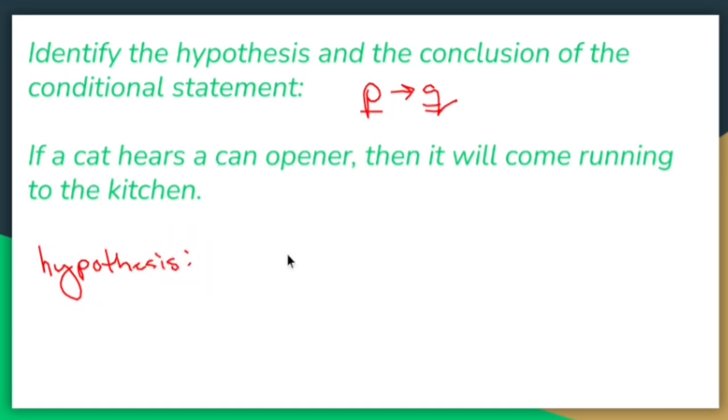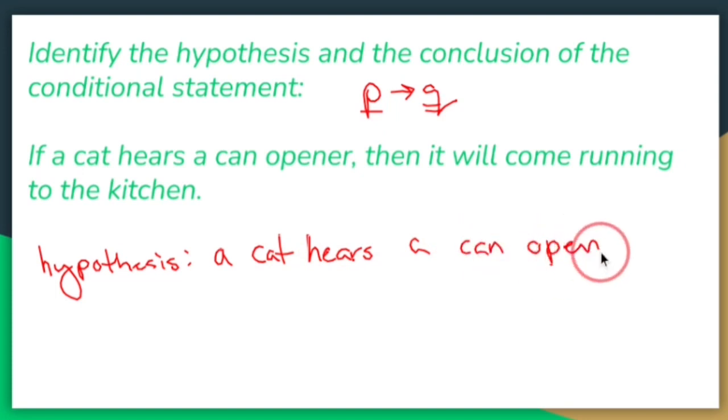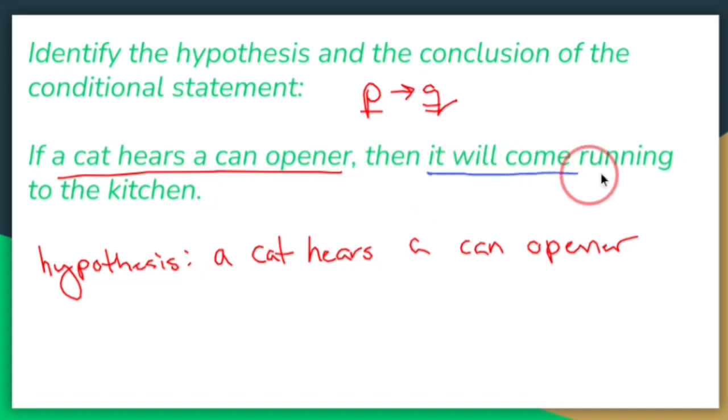So if a cat hears a can opener, I don't want to know what a cat opener is. If a cat hears a can opener, the conclusion is going to be the phrase following then.